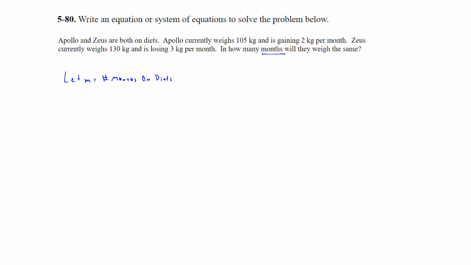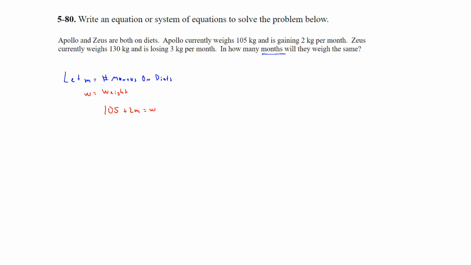Okay. Apollo currently weighs 105 kilograms and is gaining 2 kilograms per month. So 105 kilograms, but gaining 2 per month. Okay. So that's the total weight. So maybe we could add another variable here and say W is equal to the weight.